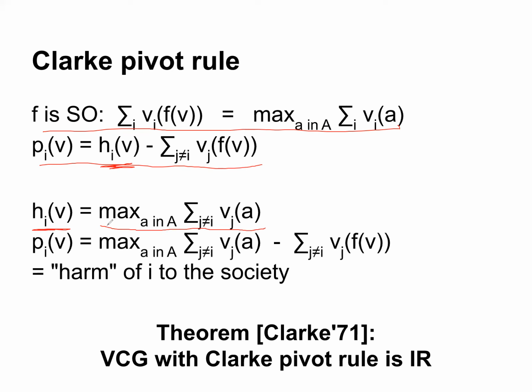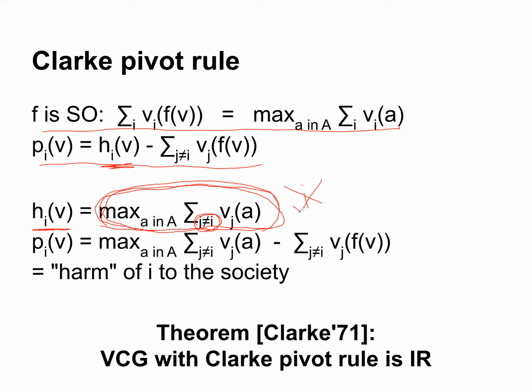This is the maximum possible happiness of all the users except I. Okay, so what does it mean? It means that assume user I is not in the picture. Okay, so we remove user I. What could be the maximum social welfare of everybody else? Well, that's what it is. You're maximizing the total happiness of everybody except user I.